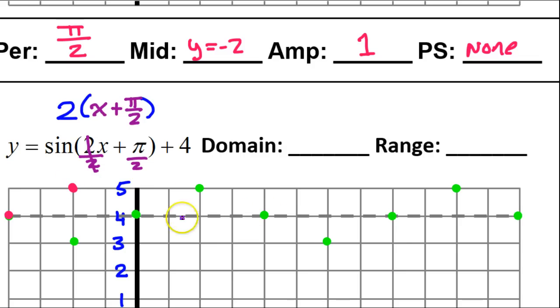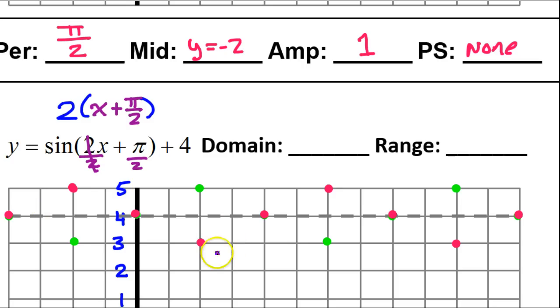Now I don't need to keep moving these one at a time. Once I have one dot, really, I can just follow the pattern of the sine function, which I know goes up and then back to the midline, and down the amplitude, back to the midline, up, back to the midline, down, back to the midline. But if you look at any of the skeleton points, you can see that yes, indeed, if I moved 4 to the left, it would land on one of my new points.